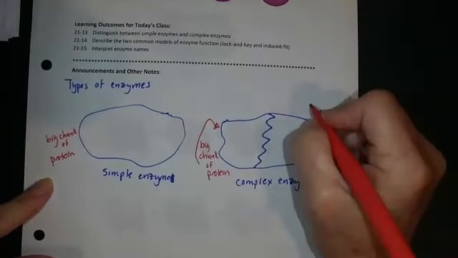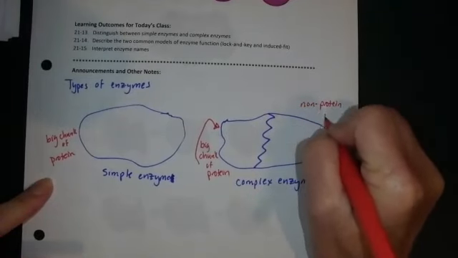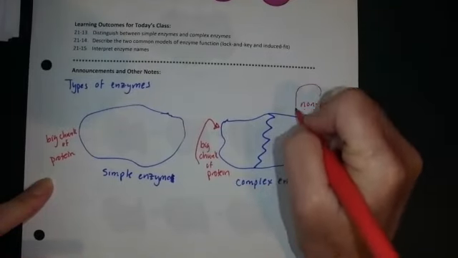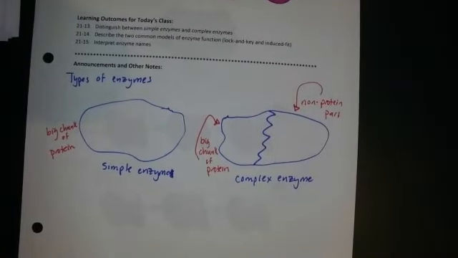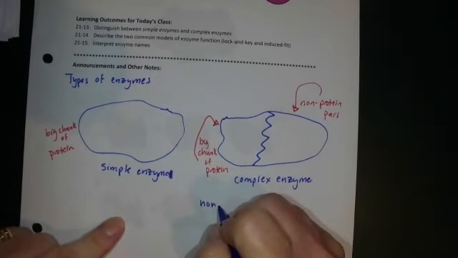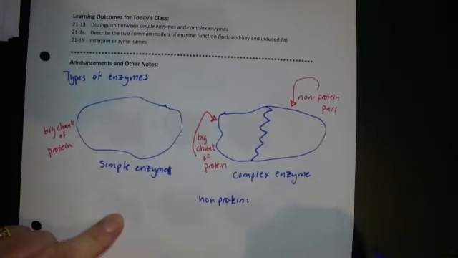But the other part is a non-protein part. The non-protein part, what is that? What do I even mean? The non-protein part itself goes by two different names, depending, and I'll show you what I mean.